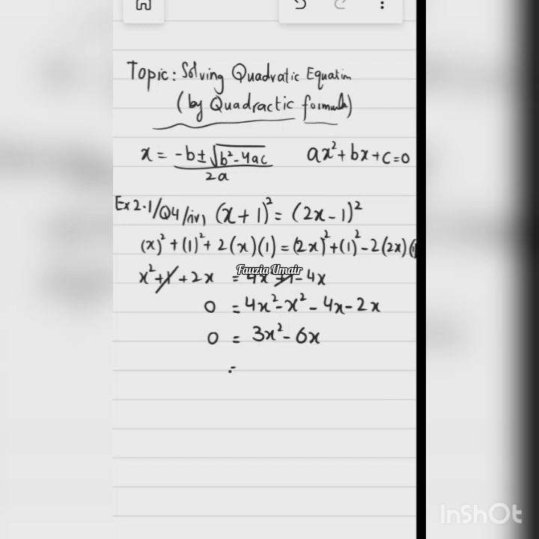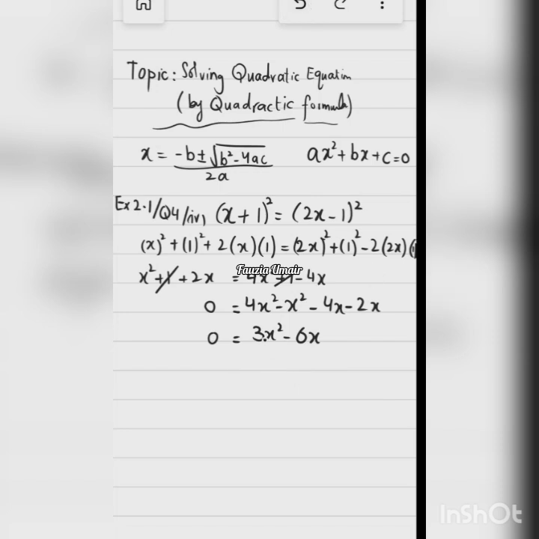So now you can take 3 as common, 3x as common also. Oh, sorry, but no, I cannot, I have solved it through the factorization method.